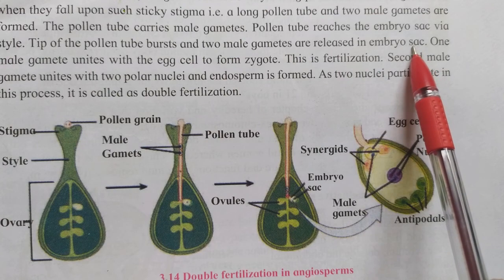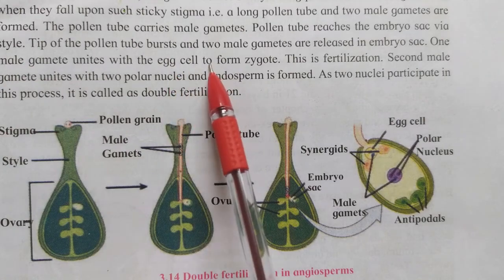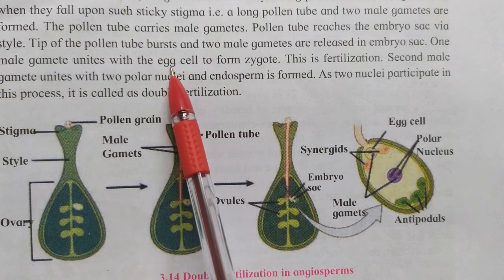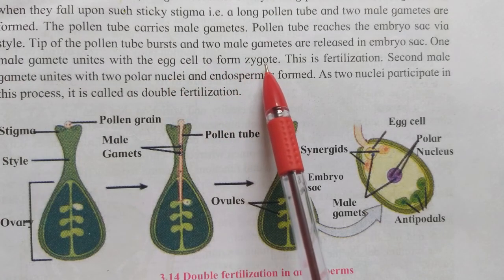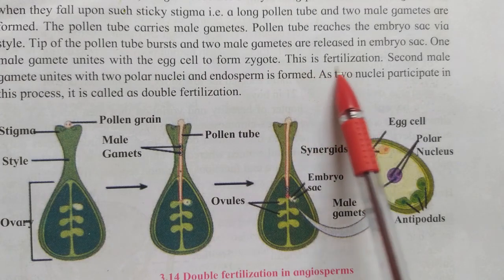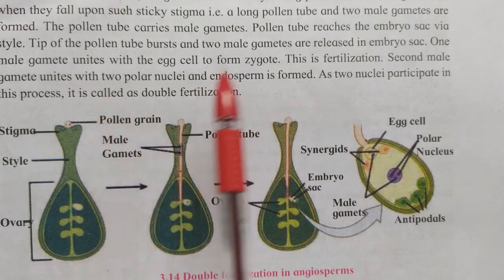One male gamete unites with the egg cell to form zygote. Egg cell means female gamete, to form a diploid zygote. So this particular process is called fertilization that we have already seen.